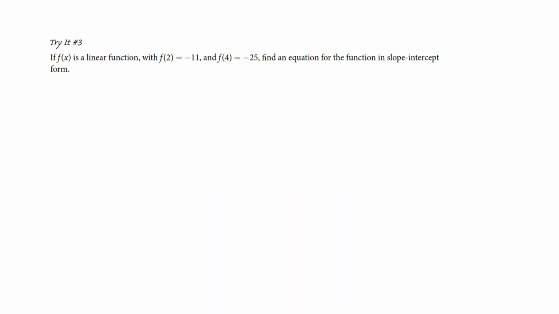Okay, same thing. Feel free to try this if you want to. But what I've got here is these points, 2, -11, and 4, -25. All right, let's just do the slope. y2 minus y1 over x2 minus x1.